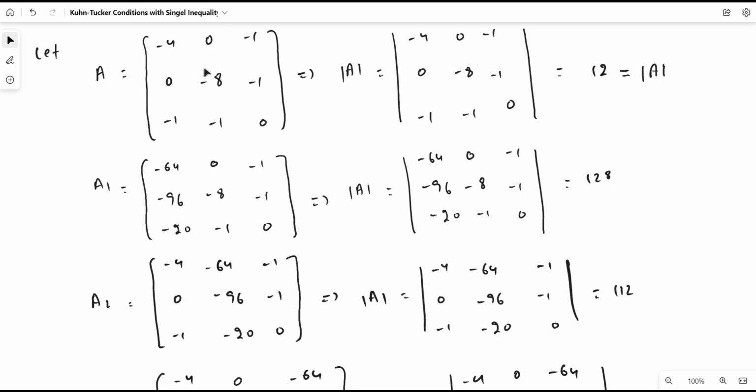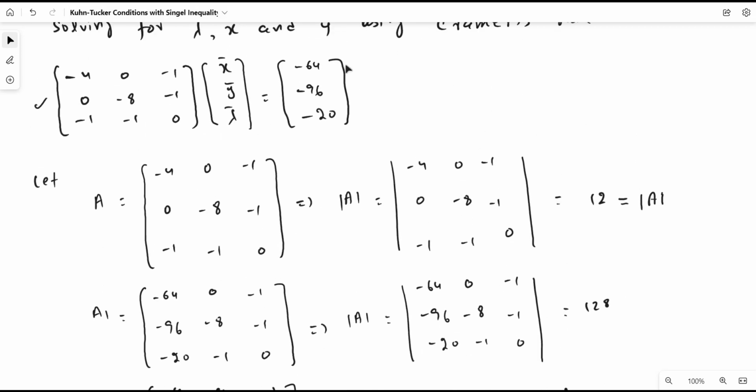Okay. So for A1, we ignore the first column and it will be replaced by the right hand side column. Then we ignore the second column and it will be replaced by this column. Then we ignore the third column and it will be replaced by this column, all right.